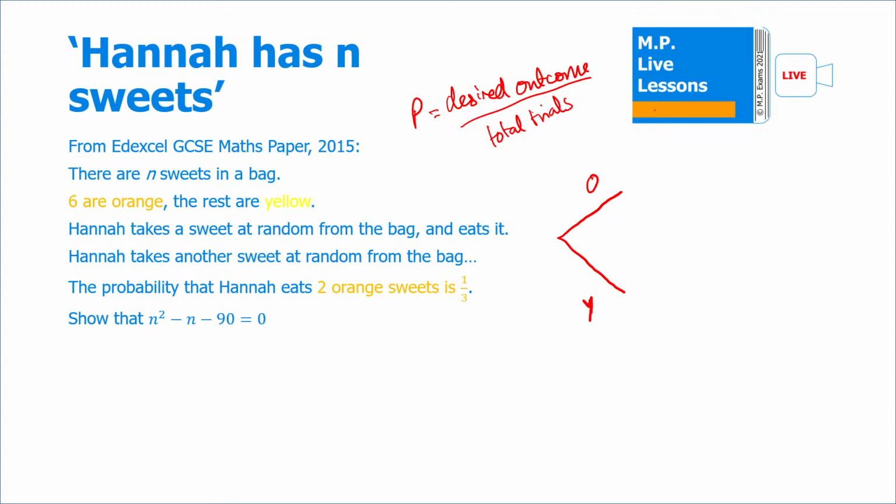So probability at the first pick of picking an orange sweet would be 6 divided by the n sweets in the bag. And we don't need to worry about the yellow. And then if we pick another orange one, there's now 5 sweets because Hannah just ate one. But also the number of sweets is decreased by 1. So there's n minus 1 sweets. You need to know that the probability of both 2 events happening is like an and, so we multiply them together.